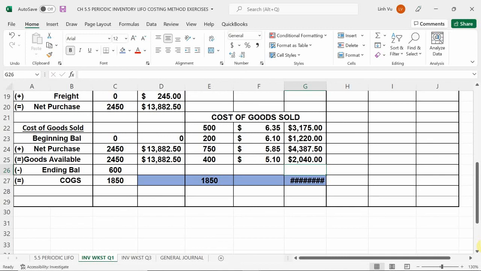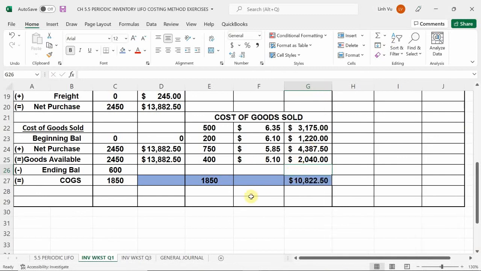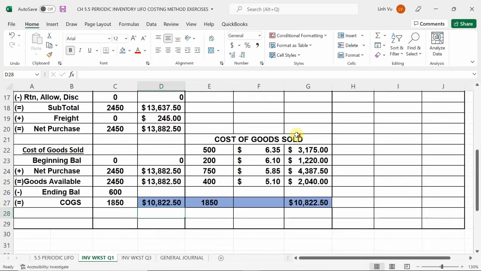And then that's going to give me my grand total, since I have my running balances, to sell a total of 1,850 units. I had a grand total cost of $10,822.50, right? That is my grand total. Now, that means I should have 600 units left remaining, okay?